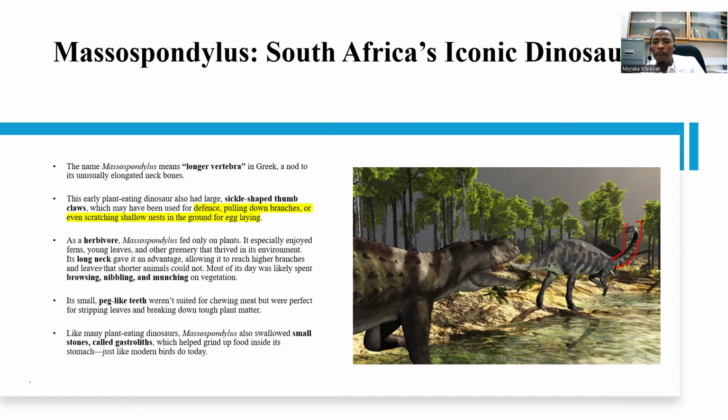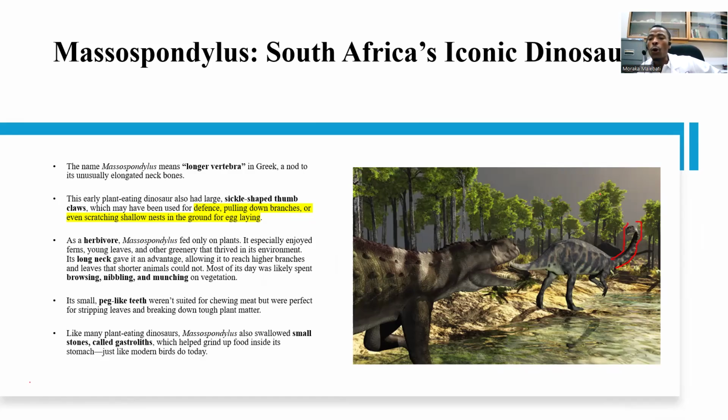If there are only tall trees, those other animals would not get enough food. But Massospondylus was getting a sufficient amount of food because of its long neck. It was able to get the plants up there.